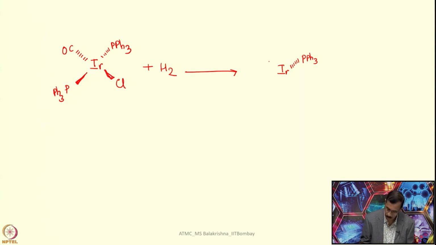So, when you add H2 here, there will be a concerted addition, oxidative addition, that leads to the formation of an octahedral 18 electron complex having coordination number 6 with the 2 MH bonds, 2 iridium to hydrogen bonds.